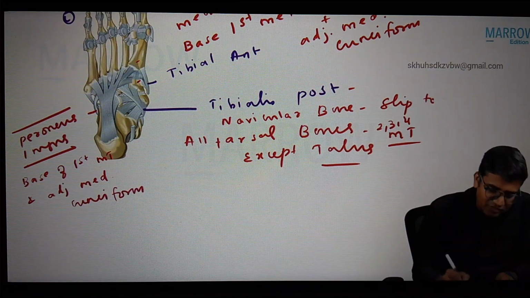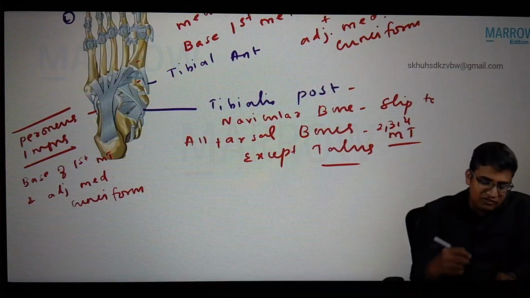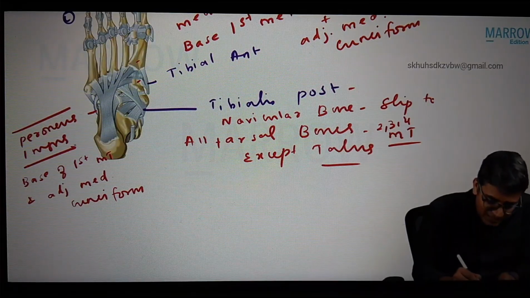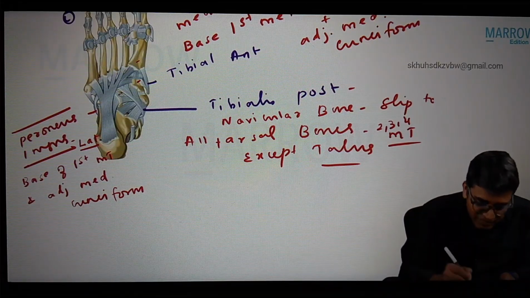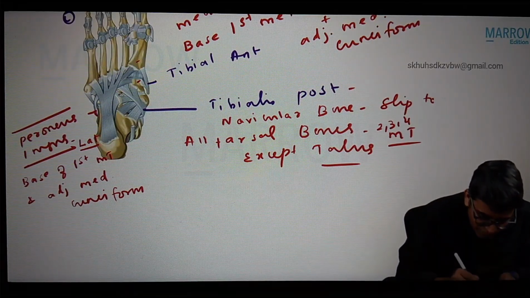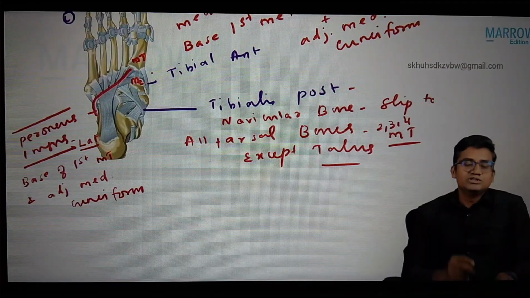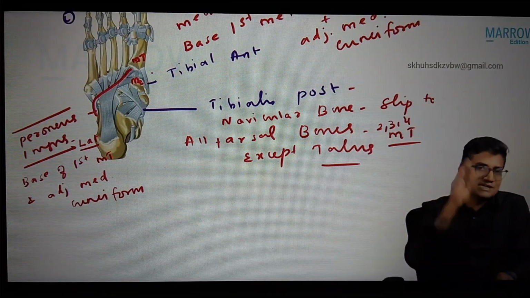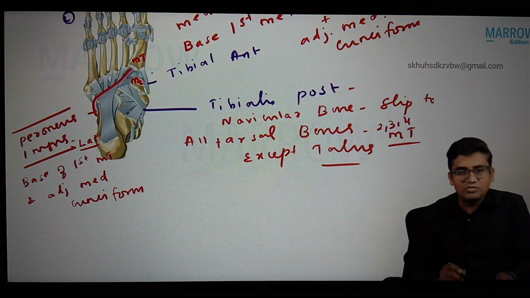Tibialis anterior attaches to the medial surface of the base of the first metatarsal bone, while peroneus longus attaches to the lateral surface of the first metatarsal bone and the adjacent medial cuneiform bone. So, tibialis anterior and peroneus longus attach to the same bones, the first metatarsal bone and the medial cuneiform bone.